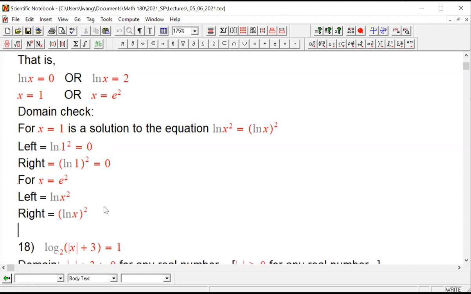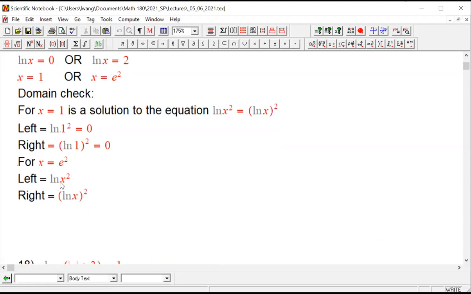And the solution we're checking is e squared.